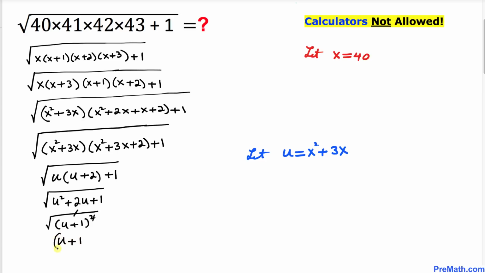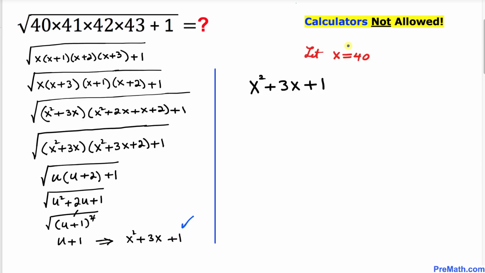But we know our u value is x squared plus 3x. So therefore we can replace this u by x squared plus 3x and then I'm going to put down this plus 1.